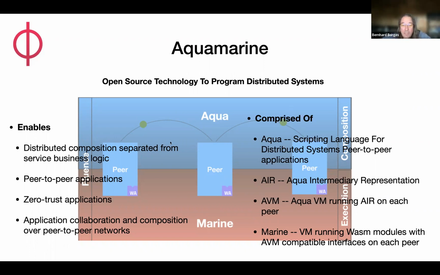So basically, you immediately end up with a zero trust framework, and you end up writing zero trust applications, which is really cool and a great corollary benefit of using the system.